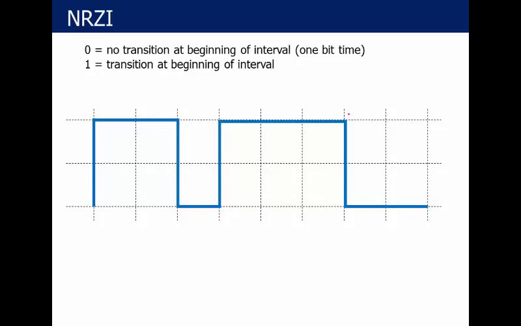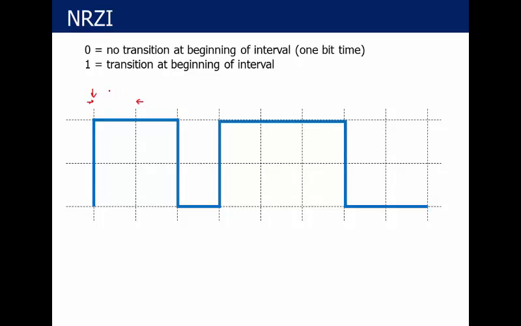Okay. No return to 0 inverted. 0 means no transition at the beginning of the interval. 1 means transition at the beginning of an interval. Look at the interval from here to there, right? The beginning is here so that you know what it means.